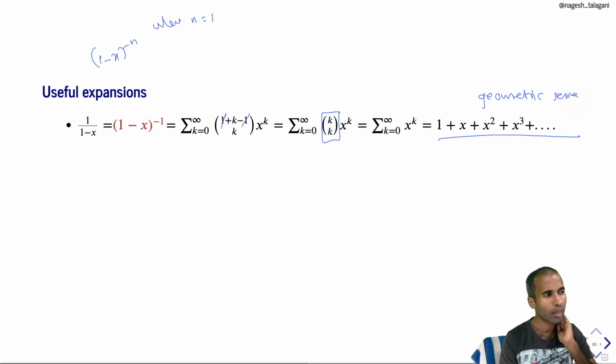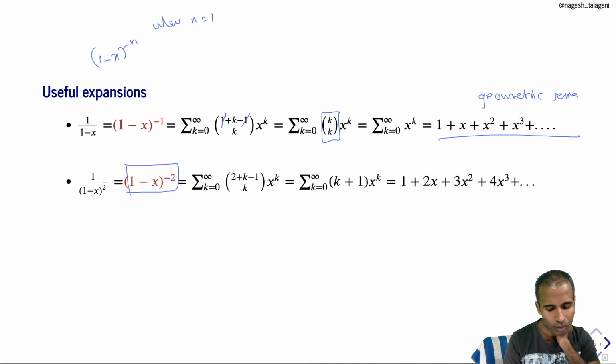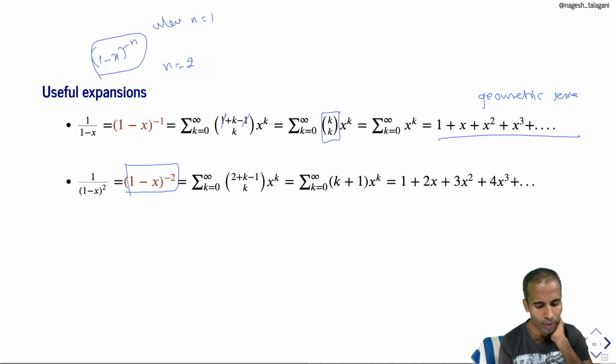Okay, next. Now the expansion for 1 by (1 minus x) whole square. This we can write as (1 minus x) to the power of minus 2. This looks like (1 minus x) to the power of minus n again, but where n equals 2. So how do you write it?